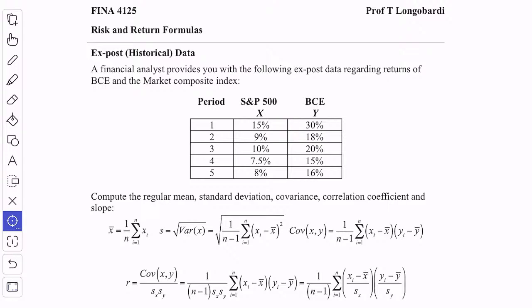And then there's this company here, Bell Canada Enterprises, that has experienced 30% return for its investors. So stockholders in BCE over this period have earned 30 cents on the dollar. All right, so this is the kind of data we're going to work with. We're going to go further today and talk about where these numbers come from.